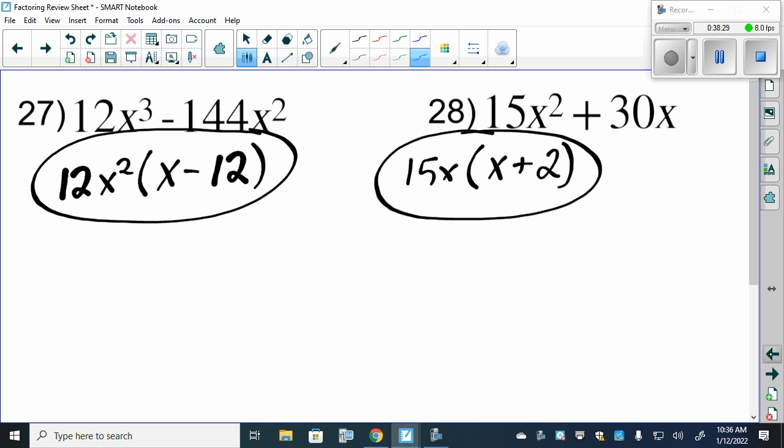And some of the ones that just have a greatest common factor, it's not going to be like the ones where we have a squared plus 2ab, where we have a quadratic left over, a full quadratic with 3 terms. It should be pretty straightforward, or you can see that after factoring it out, you're done. And then the rest we'll consider the cubics, difference of perfect squares, and our other factoring. Any questions on this here? All right.